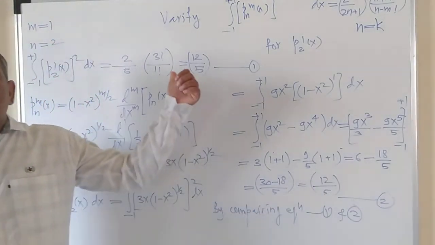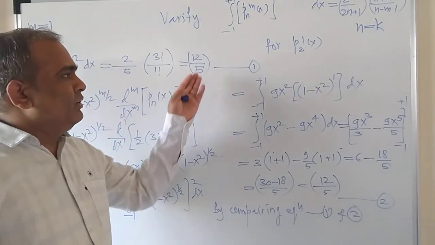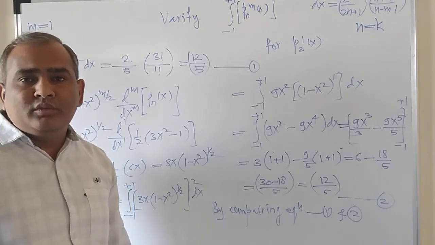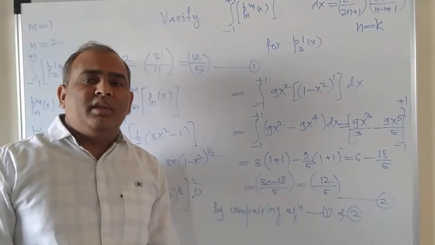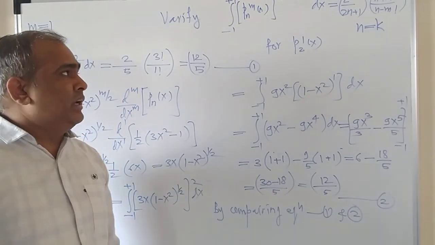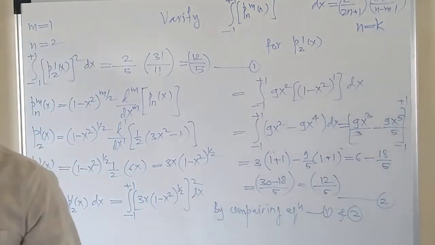So hope you have understood how to prove the orthogonality property. These are just simple. Once you know the formula for associated Legendre polynomial, you can identify the values of n and m, and just put the values and do the calculations. You can easily prove the orthogonality property.